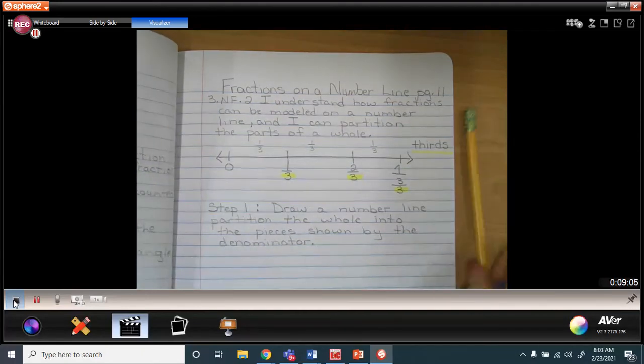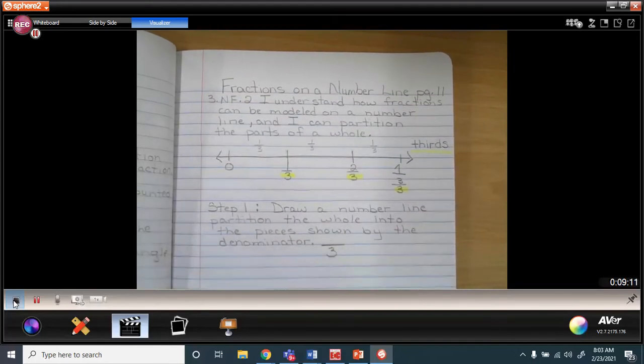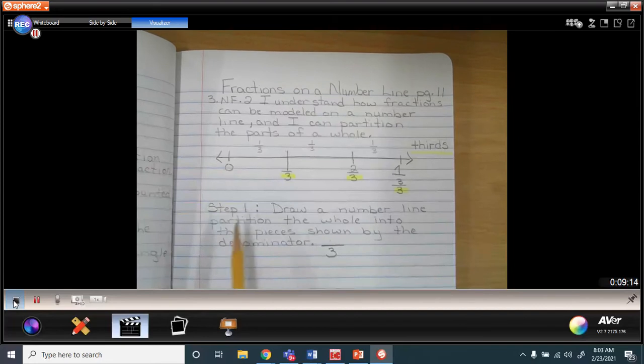Then, whatever that denominator may be, once we know our denominator, we can use what we know about the numerator to locate or find the fraction that we want to pinpoint, put a point at. So step 2 is look at your numerator and count the sections, right?